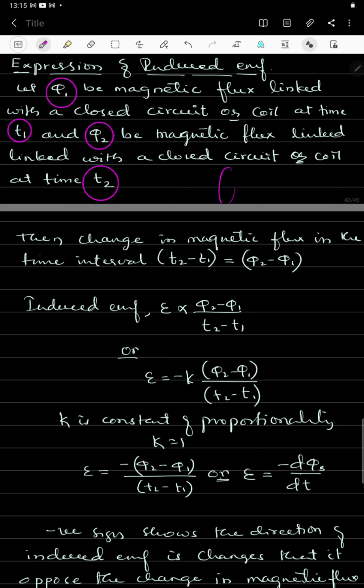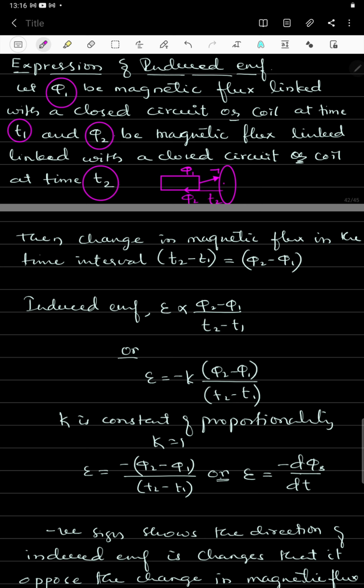It means first I take the magnet into the coil, which has some field lines, that gives phi 1 at time t1. Now I take it out of this coil, which gives phi 2 at time t2.